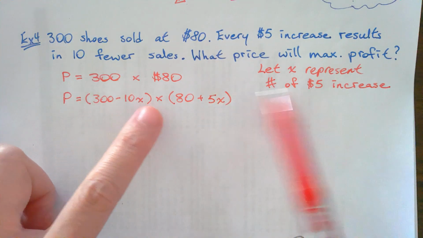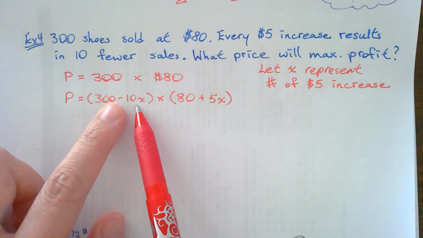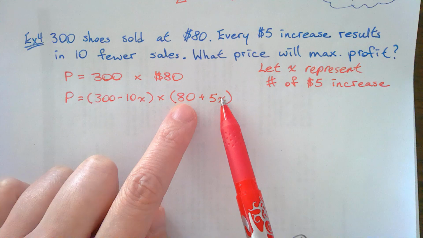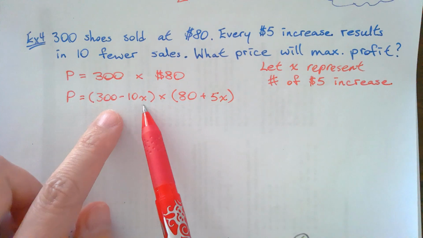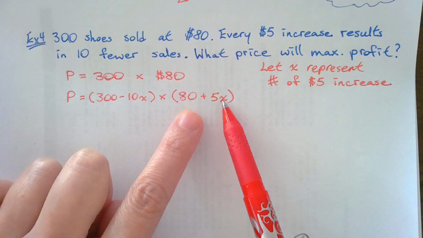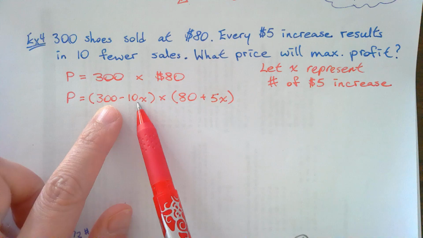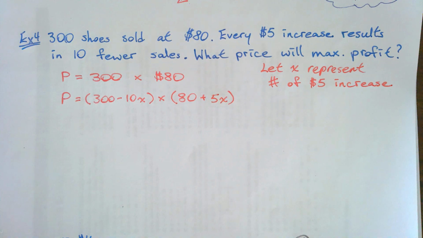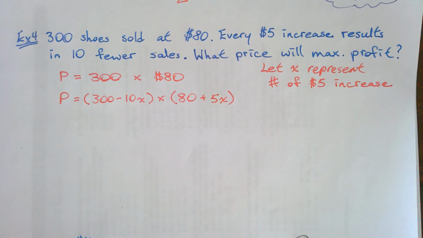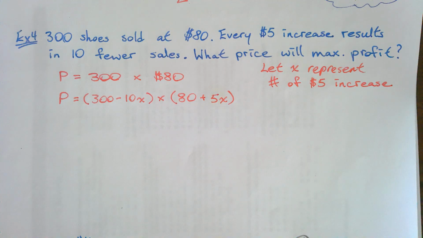But if I increase the price for every $5 increase, I lose 10 customers. If I increase it by $10, I lose 20 customers. If I set it to like $100, which means 4 increases, I'm going to lose 40 customers. Was that an X or multiplication? That's an X. My X has a little curve to the side of it.